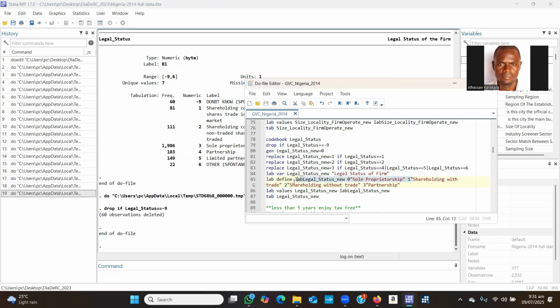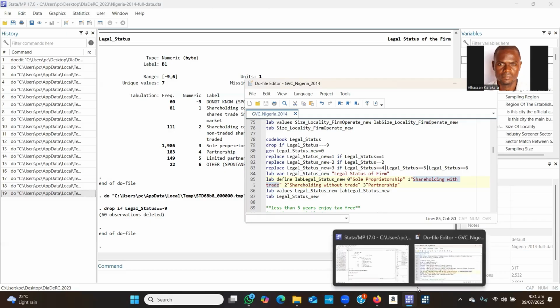A firm with traded shareholding could also easily be listed on the stock market. And when you list on the stock market, you could easily get international shareholding, and this could boost your technology transfer and what have you. So that is why I decided to separate it. As I said, it depends on the objective of your study.